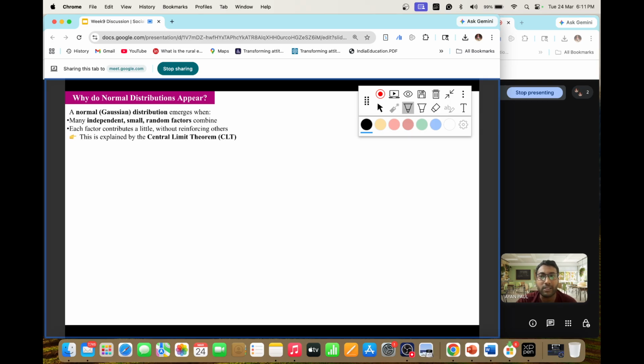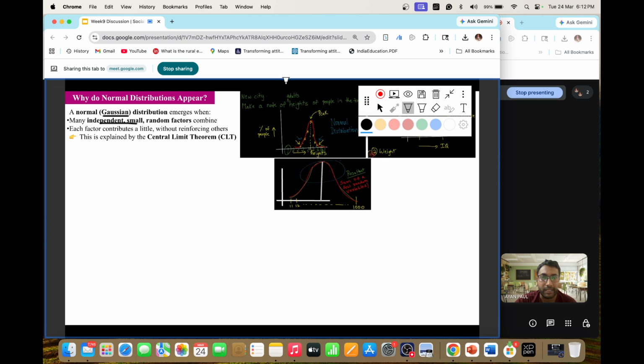A normal or Gaussian distribution, you might have heard it called a Gaussian curve, emerges when many independent small random factors combine. Each factor contributes a little without reinforcing others. This is explained by a theorem known as the central limit theorem, or CLT.